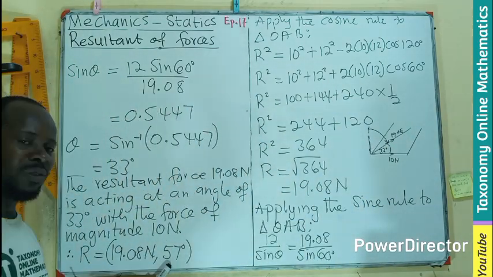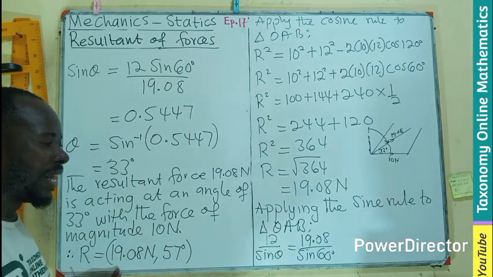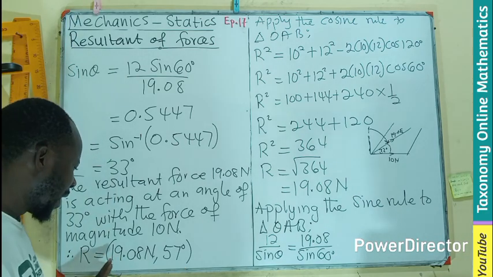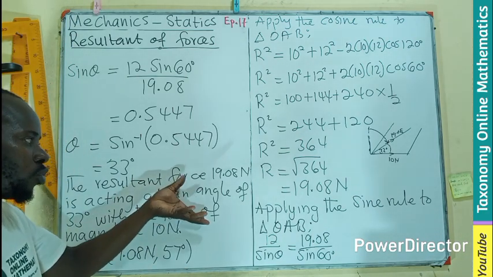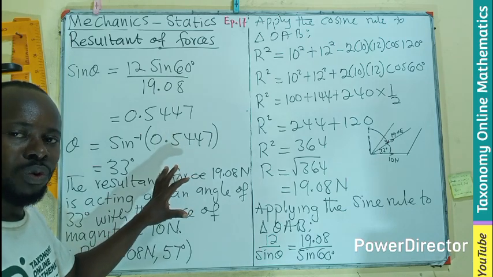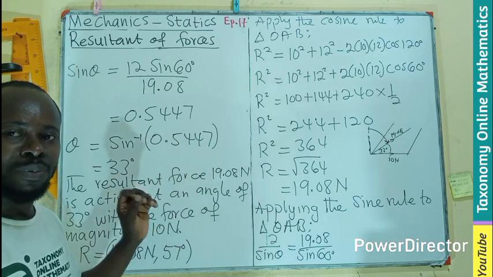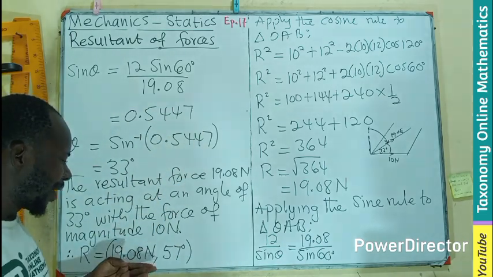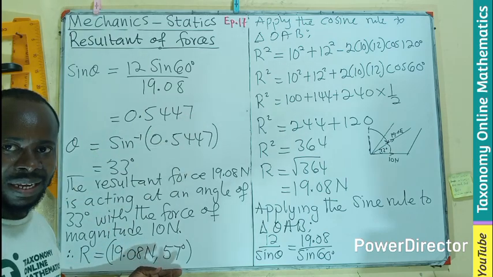And that is giving us what? 57 degrees. So this is going to be the representation of the resultant force, the magnitude and the direction. This is just to show that the magnitude of 19.08 is making an angle of 33 with one of the forces. But the angle that it makes reading from north will be 57 degrees.